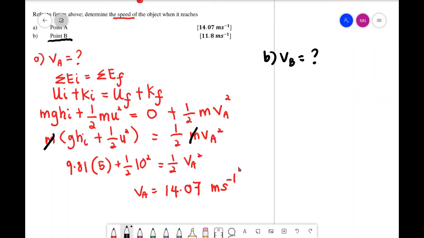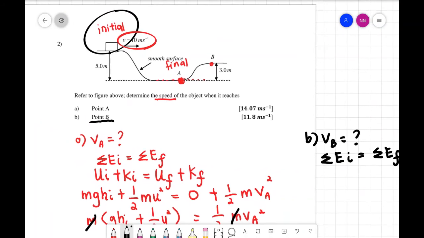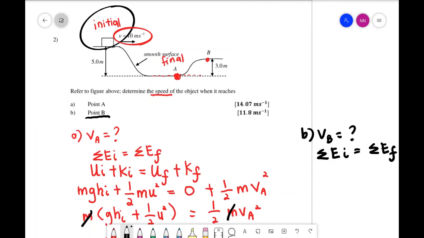Again, you can apply conservation of energy: total energy initial equals total energy final. For the initial position, you can use this position, or you can also use position A as the initial position.